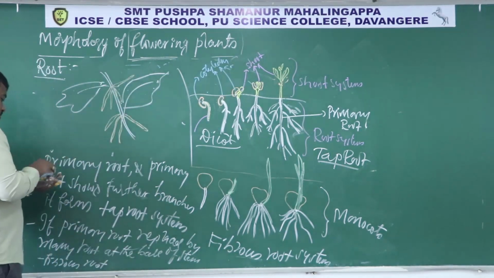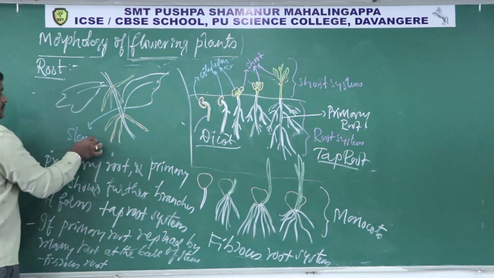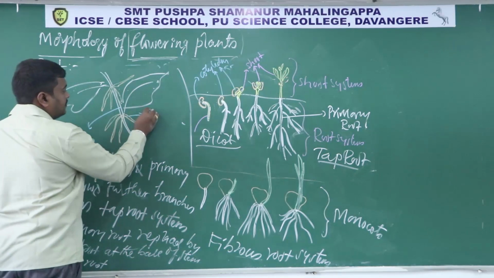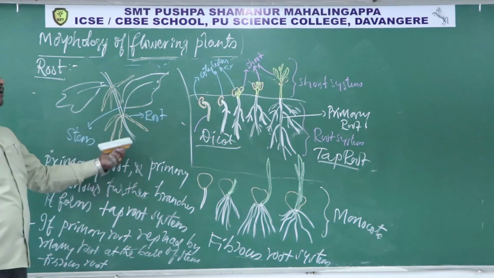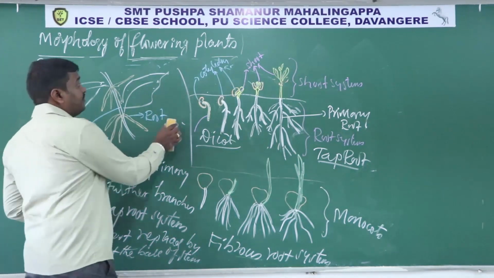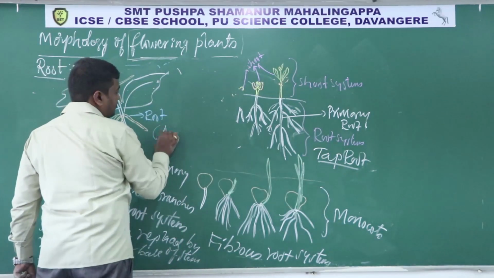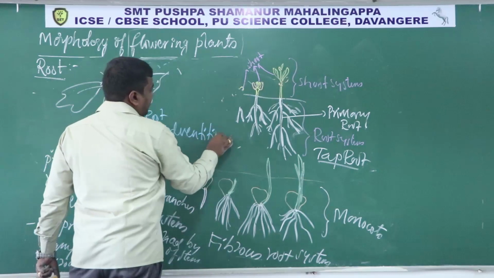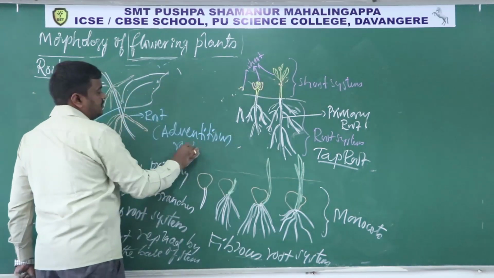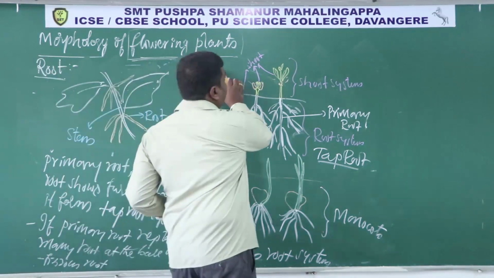Okay, so this is the stem and these are roots. ನೋಡಿ ಸ್ಟೆಮ್ ಮೇಲ್ಗಡೆನೆ ಅಂದ್ರೆ above the soil also ಸ್ಟೆಮ್ ಮೇಲ್ಗಡೆ ರೂಟ್ ನ ಪ್ರೊಡ್ಯೂಸ್ ಮಾಡ್ತಾ ಇರುತ್ತೆ. ಸೊ ದಿಸ್ ಕೈಂಡ್ ಆಫ್ ರೂಟ್ಸ್ ಆರ್ ಕಾಲ್ಡ್ ಆಸ್ ಅಡ್ವೆಂಟಿಷಿಯಸ್ ರೂಟ್ಸ್.